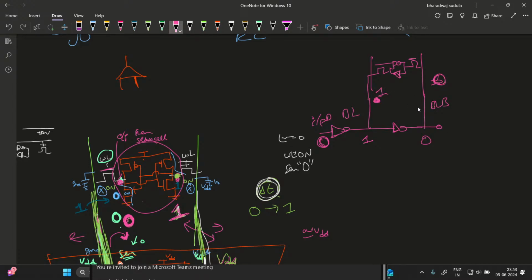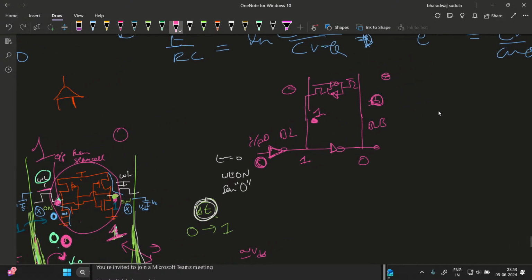This is 0. So here there is a conflict. Now it is 1, it is 0. So you fix either one side, either left or right, then write the data on the opposite side.